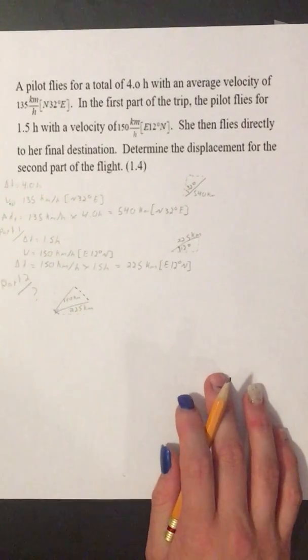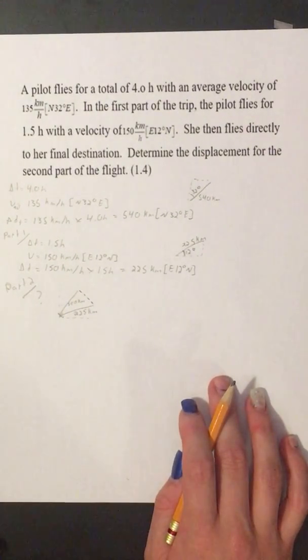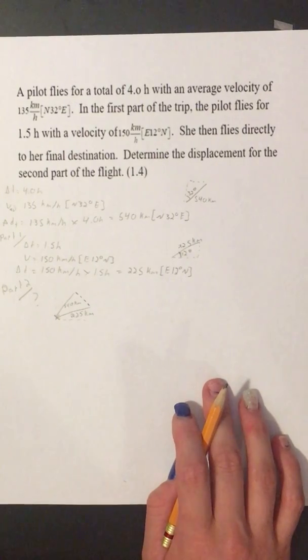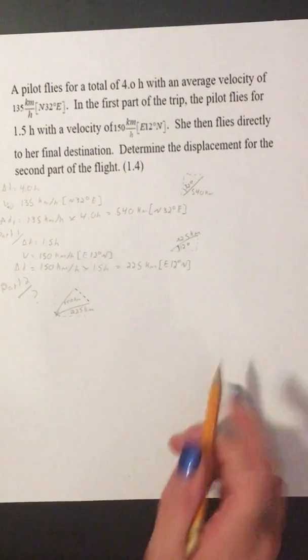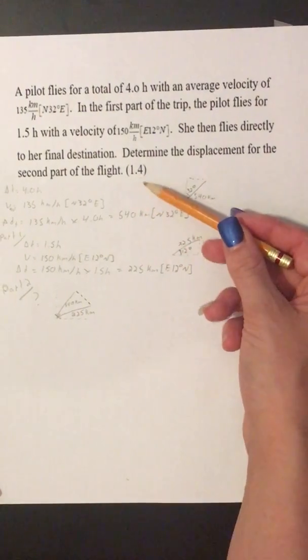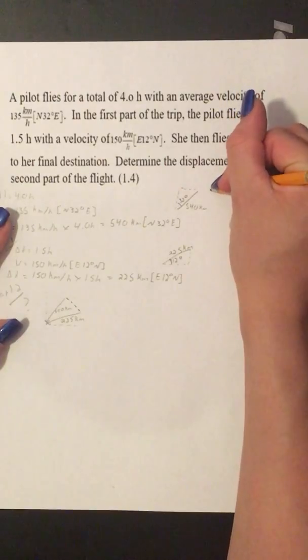Okay, so when we look at this, we can see based off of the triangles that we are going to have to do a vector component method. So how we will start this is we need to find the sides of each of these triangles to be able to find our second part. So we'll start that.